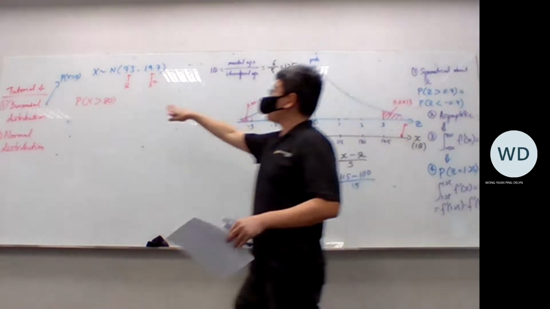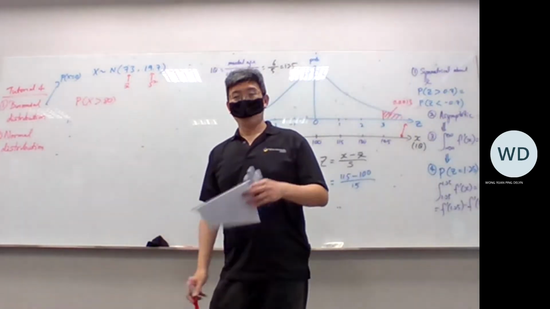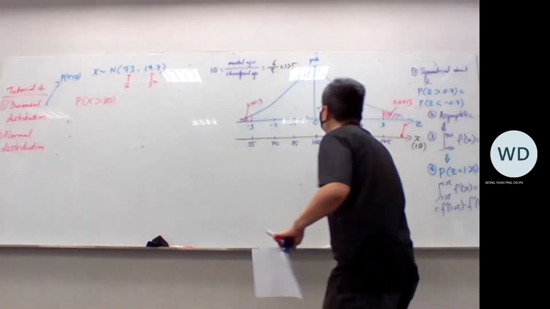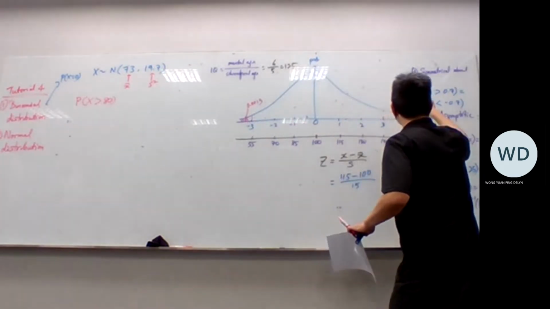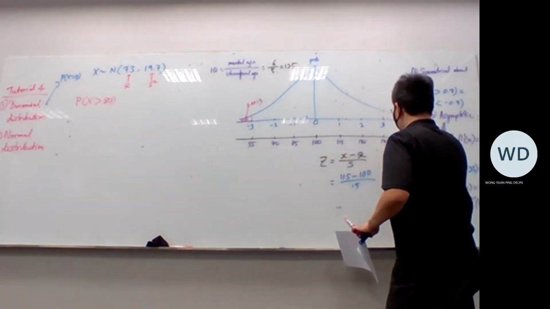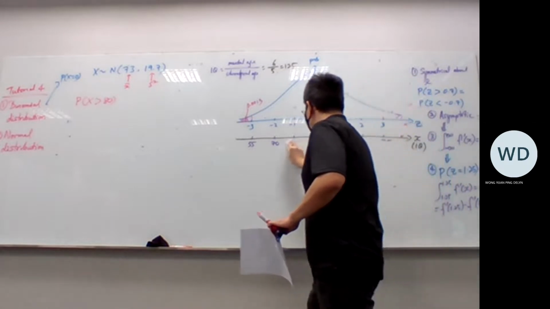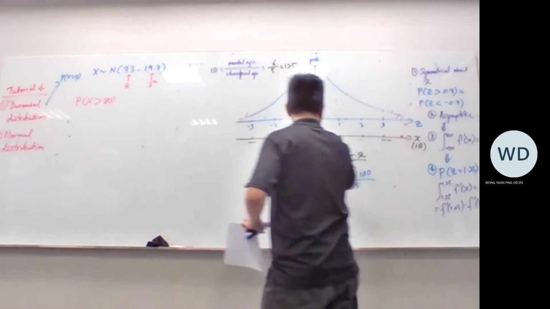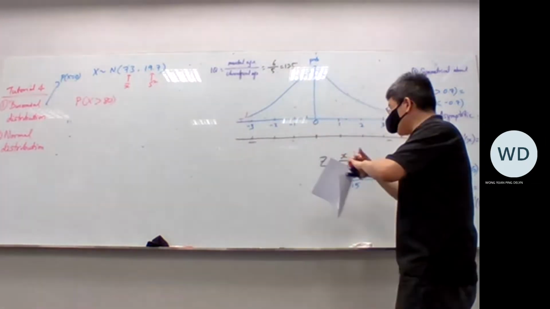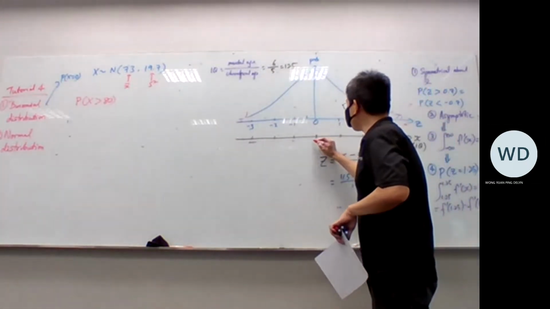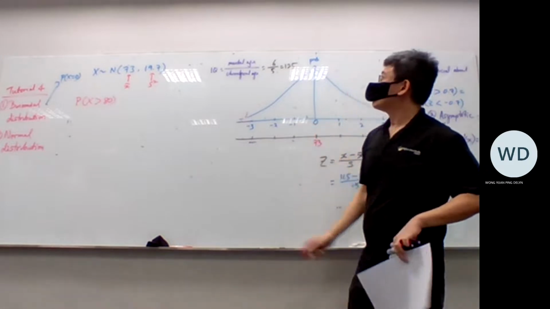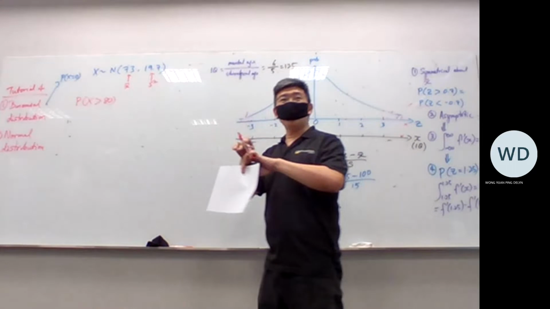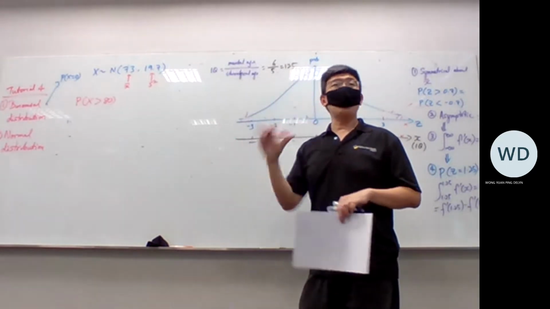So here what we have is 80. Basically, you do everything else, you reverse all the numbers. This is 80, this is 73. 19.7 is your variance, so you square root it first.